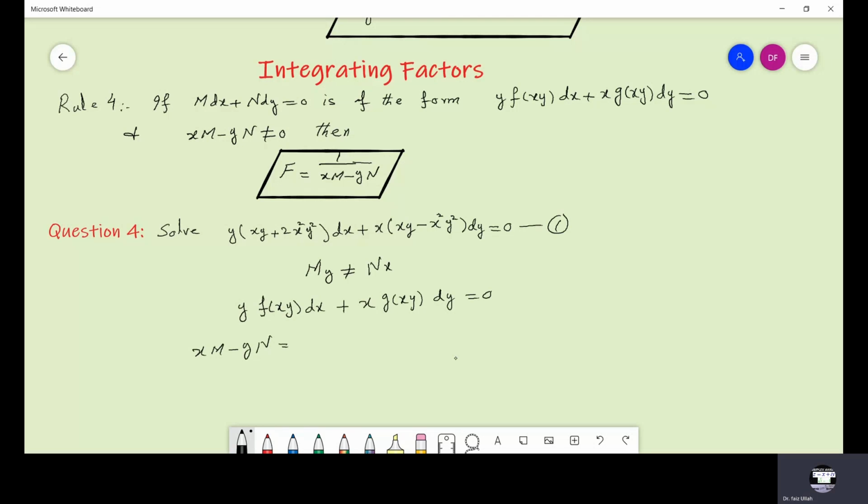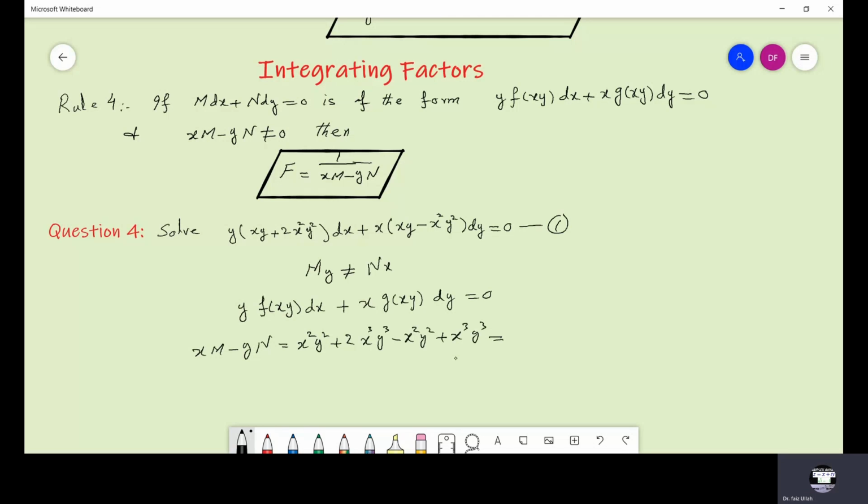Let us multiply m with x and n with y. We get x square y square plus 2x cube y cube minus x square y square plus x cube y cube.